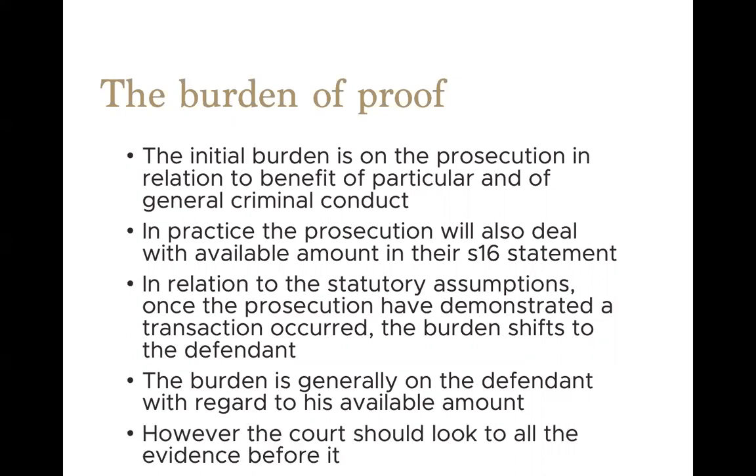But the court should look to all the evidence before it. So just because the court decides that it doesn't believe the defendant and doesn't believe his evidence, it's not automatic that it's going to find that the defendant's available amount is not less than his benefit. It's got to look at the evidence that's been brought before it from every source and then come to a sensible conclusion.